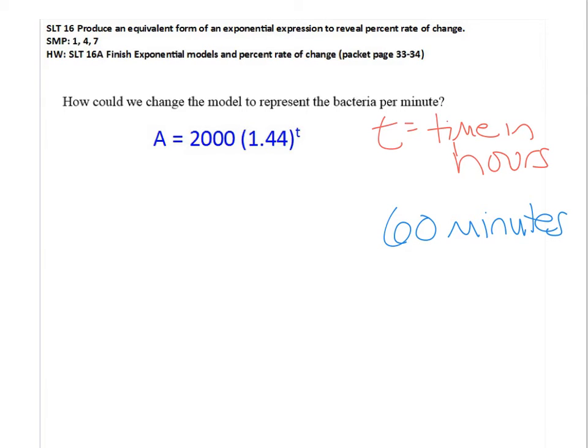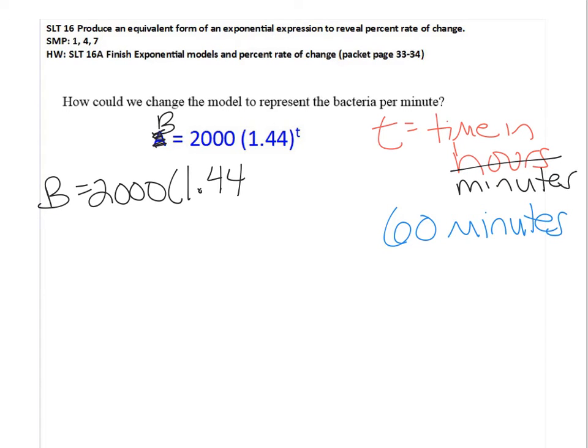So what we can do, and here it says A, but we used B on the page before, so I'm going to make this a B. So B equals 2,000 times 1.44, and I want to change T to be time in minutes. So now I'm going to raise the 1.44 to 1 over 60, and then change the T to be 60T.